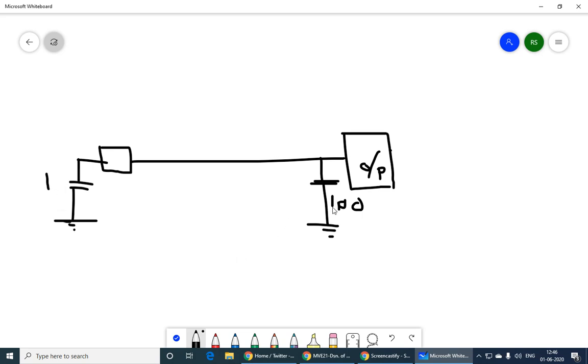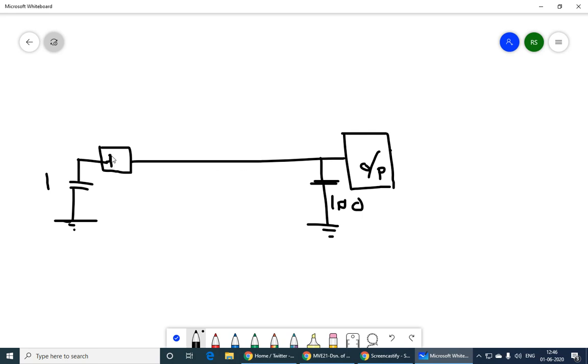This is generally the case when you're driving external loads. For example, if you're driving a primary output, it's going through the pin, and the load is going to be very high.